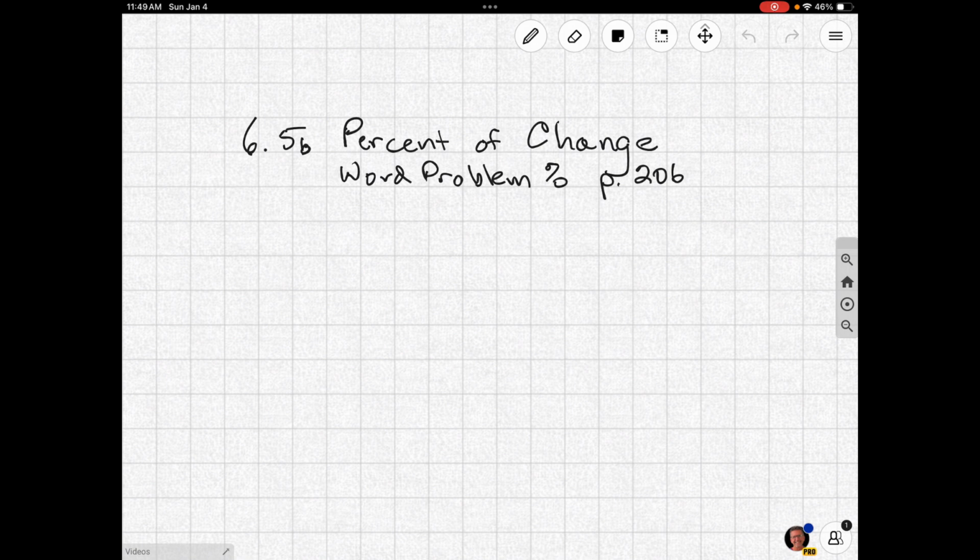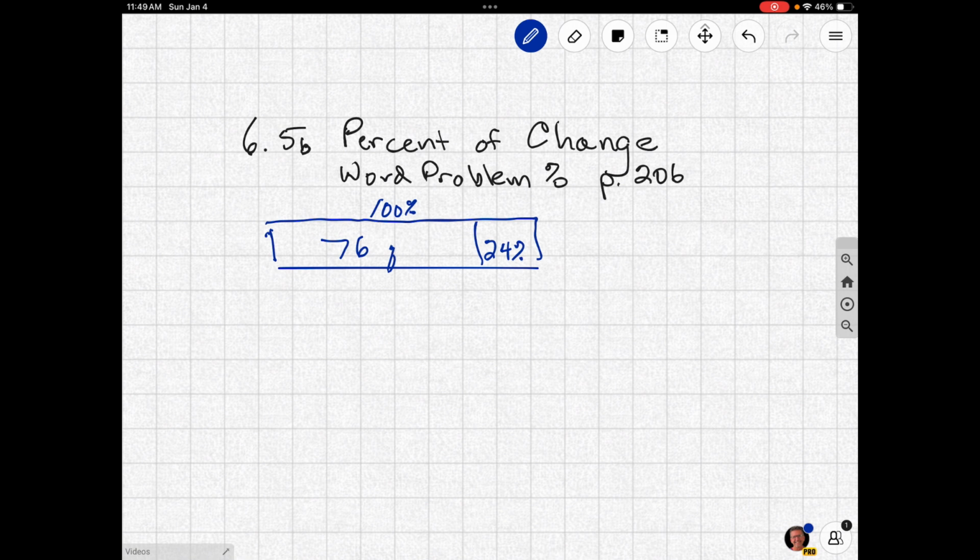Well, if the orange juice was 100% originally, and it decreased by 24%, and then we ended up with 76 quarts, what percent would be left? If you take 24 off of the 100%, you end up with 76%.